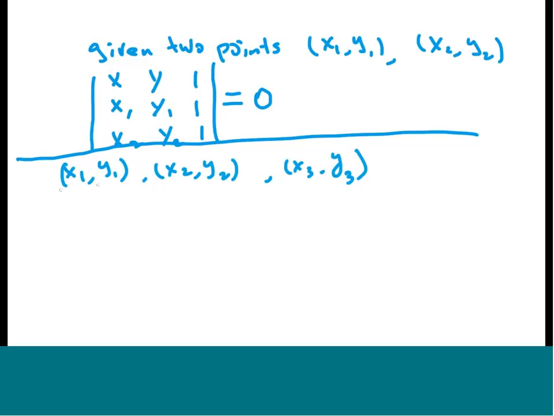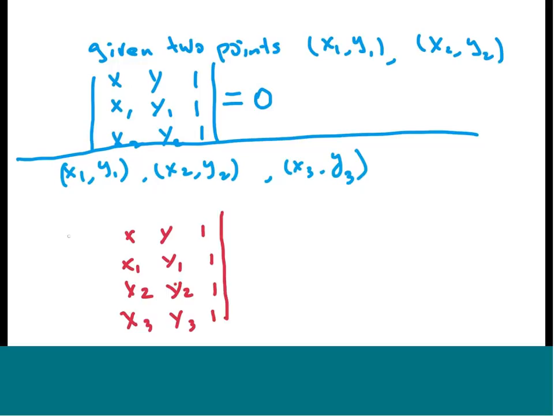So you want to make the same thing. You want to make x1, y1, 1 here, x, y, 1 here, x2, y2, x3, y3. But they have to be quadratic.